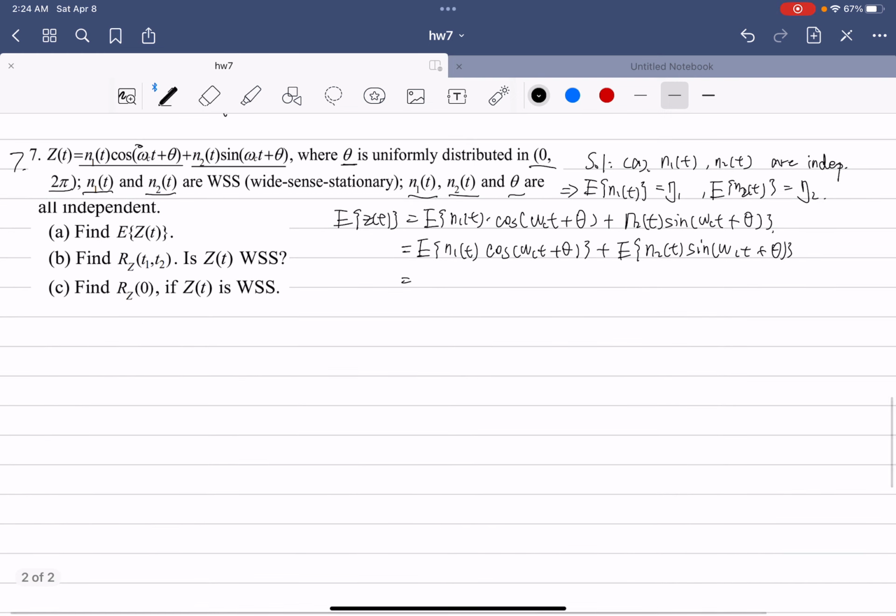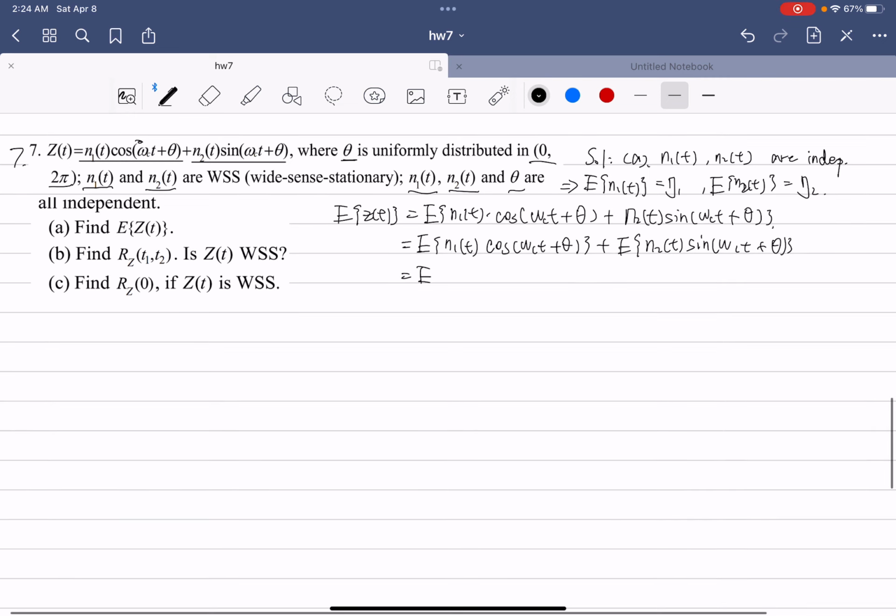Because they are independent, the first part will be the mean of N1T times the mean of cosine omega ct plus theta. The second part is the mean of N2T times the mean of sine omega ct plus theta.